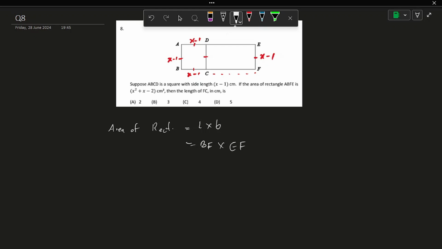So we are actually told that BF multiplied by EF should give us x squared plus x minus 2, right? So we are looking for two vectors that multiply each other to give us what's on the right hand side.